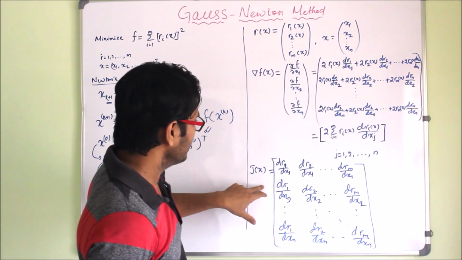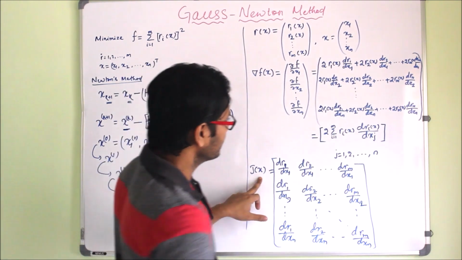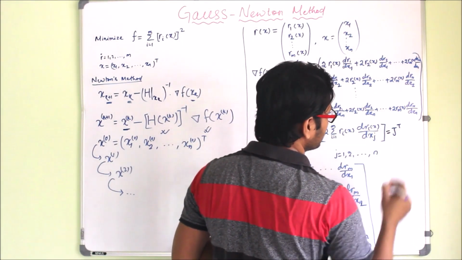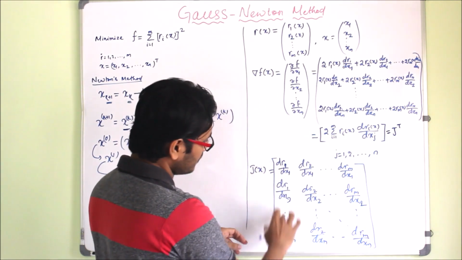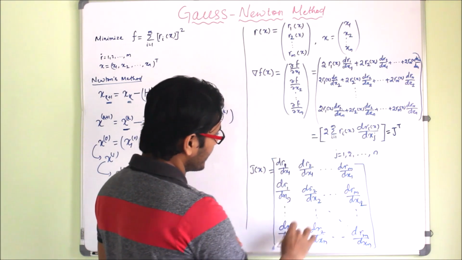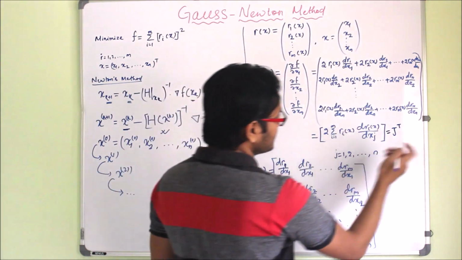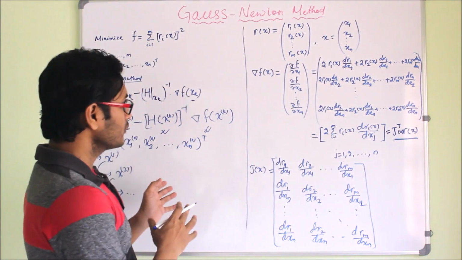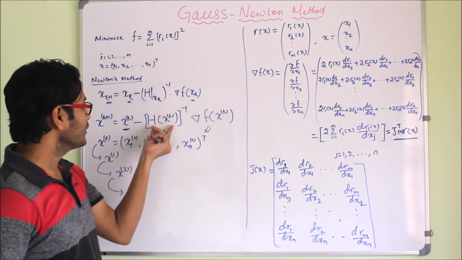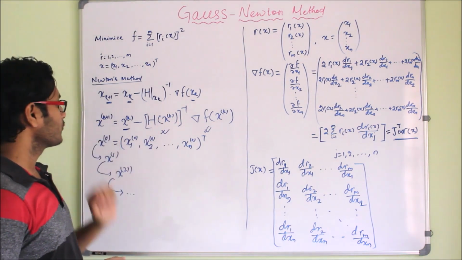If I take the transpose of J, the columns will be rows and rows will be columns. So this will multiply with r1, r2, r3 like that. Now the next thing is to find the Hessian matrix. If we know the Hessian matrix, then we can find the inverse and we will get the formula.